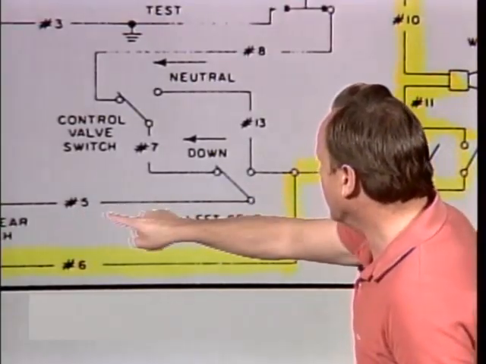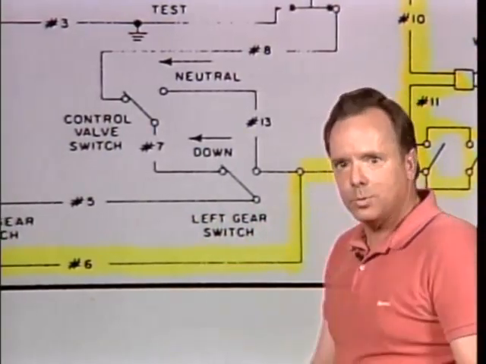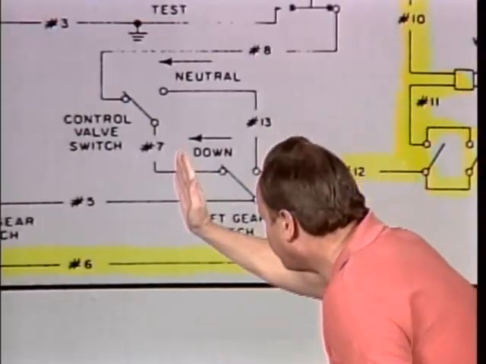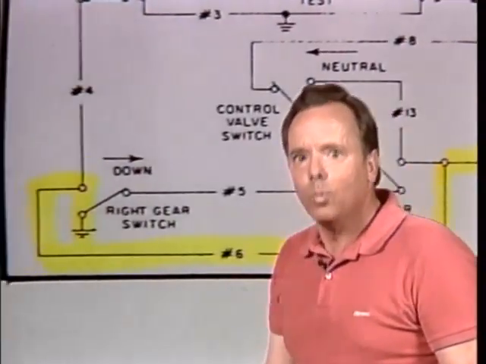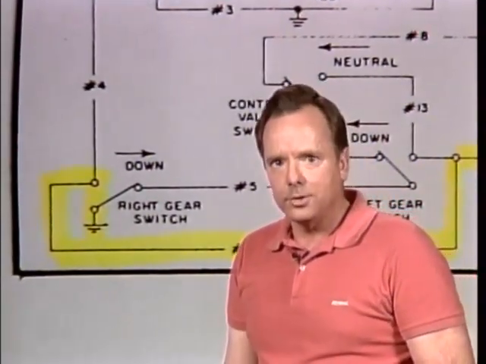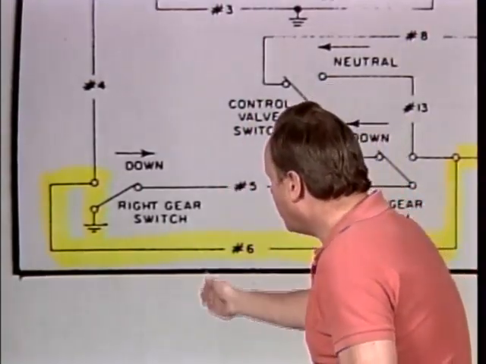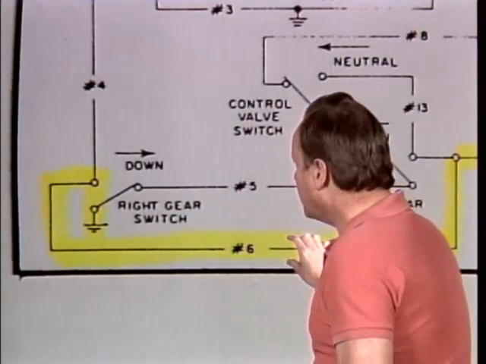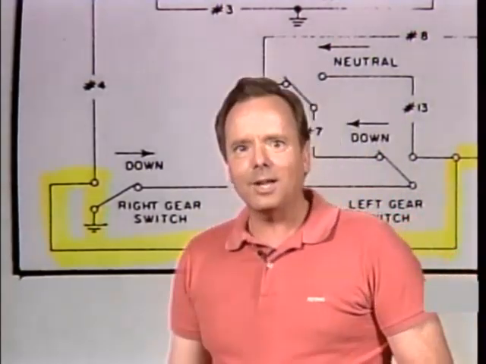So the left gear, when both wheels are up, does not sound the horn. It's the right gear switch that sounds the horn. And if wire 6 is disconnected, then neither one would sound the horn. So what they want you to know is, in this particular drawing, if you have an open in wire 6 with both gears up, the horn won't work properly. And that's the answer to that question.